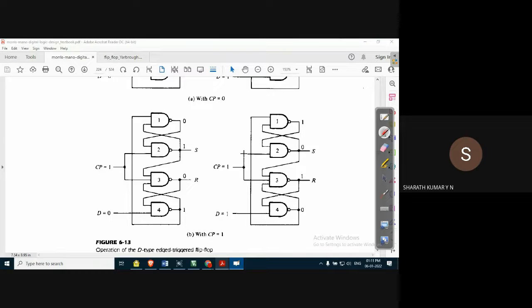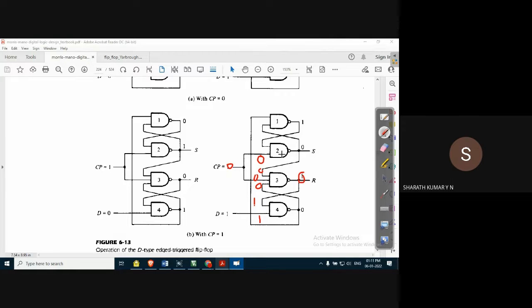Let us say in this case the clock pulse is 0. Let us see what happens. This is 0, this is also 0, this is 1. Because of this, the initial condition is 1, 1 1 0, this is also 0, this is 0 0 0 0, it gives 1.